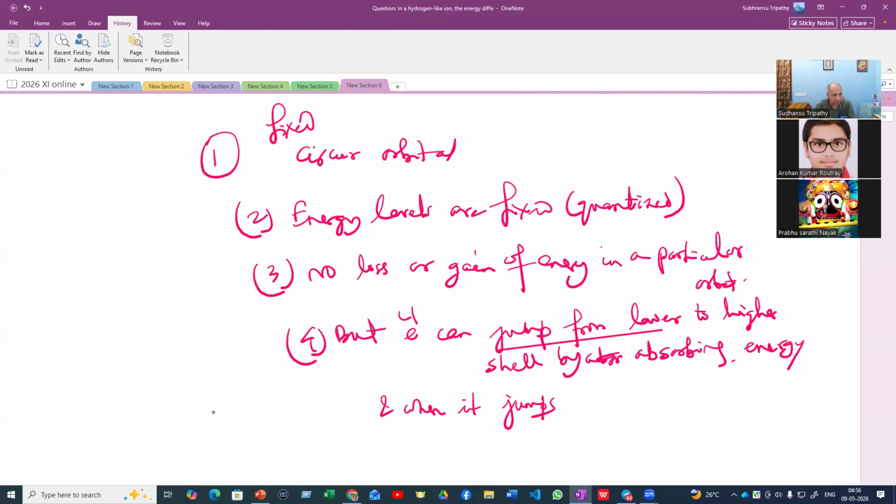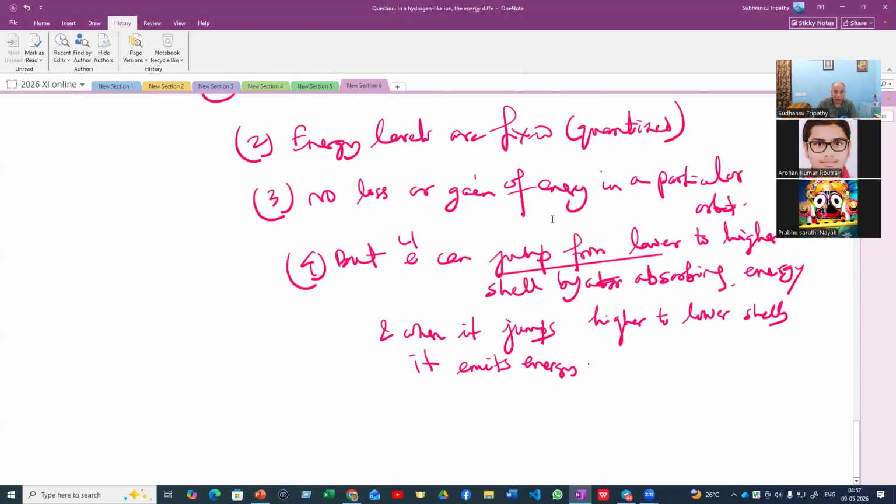When it jumps back from a higher level to a lower level, rather we say when it is de-excited. When it is de-excited from different higher excited states to lower excited states, or even finally to the ground state, it emits energy.